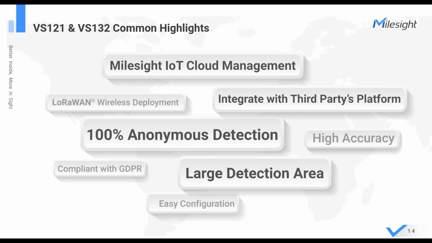Most importantly, 100% anonymous detection rate would be their main highlights, which protects the privacy of people and supports a secure and favorable environment. Last but not least, Milesight IoT cloud management and the ability to integrate with third party platforms provide users more options to manage them.